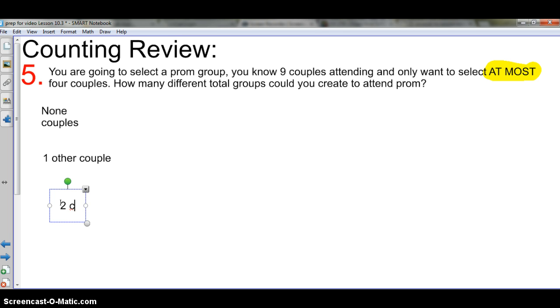You could go with 2 couples. Maybe you want to split the costs a little bit on that limo or whatever you're doing. I don't care. 3 couples. And then finally, maybe 4. At most 4. You're not going over 4. Anything over 4, too big.